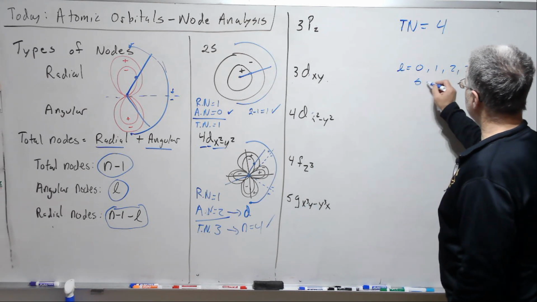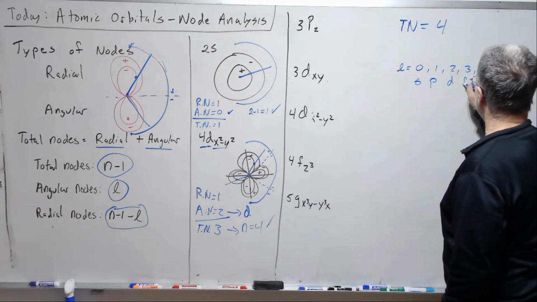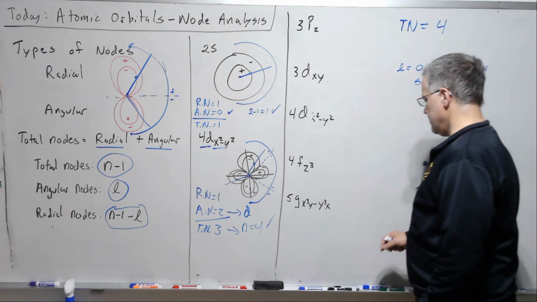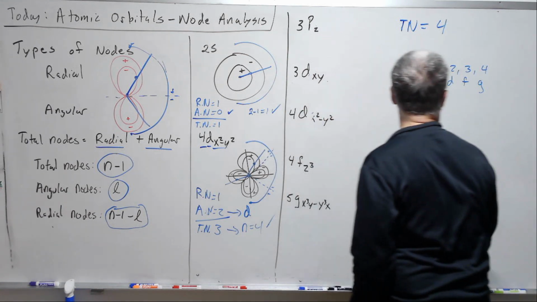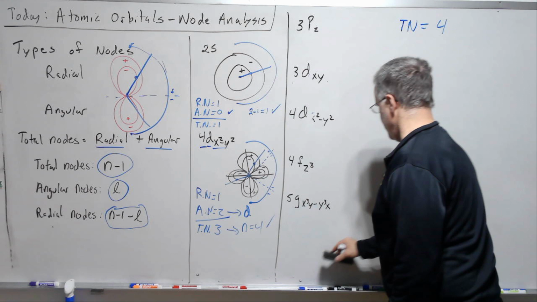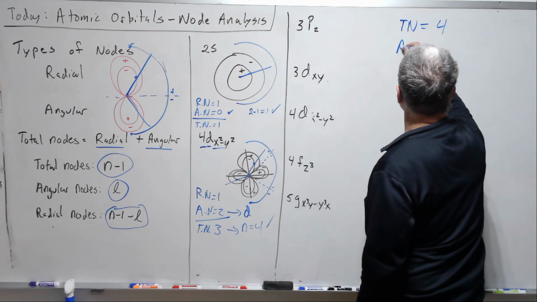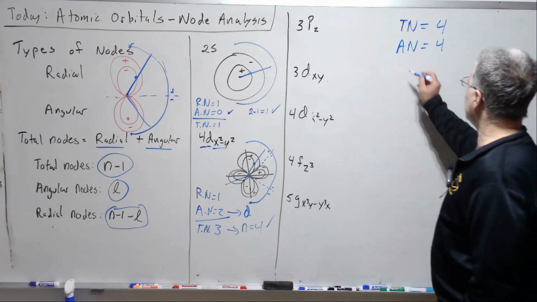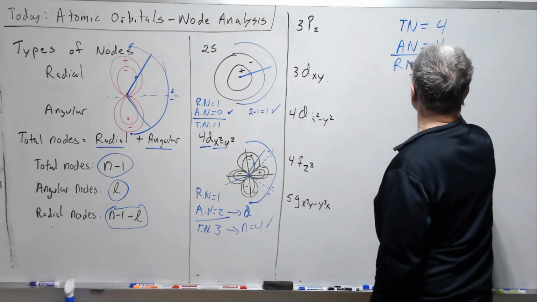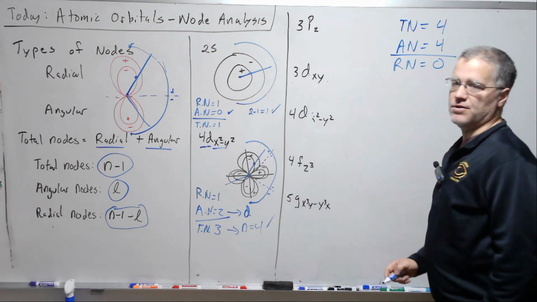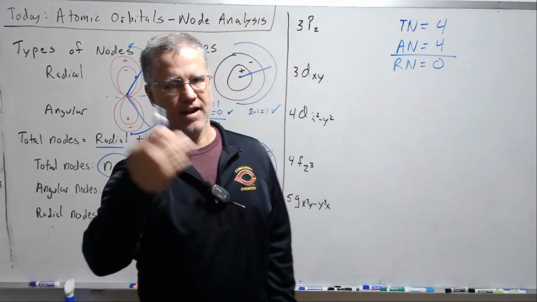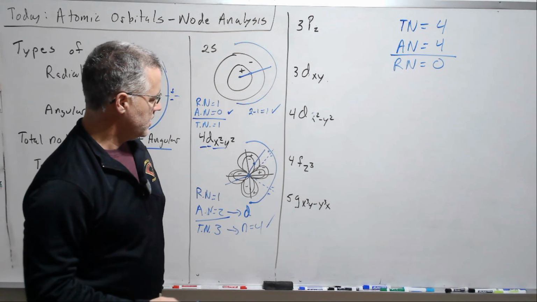Okay, so S, P, D, F, G. So angular nodes equals 4. Therefore, radial nodes equals 0. So we won't have any concentric picture of it.